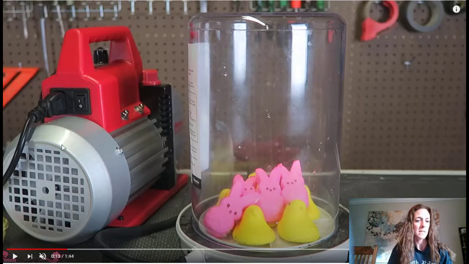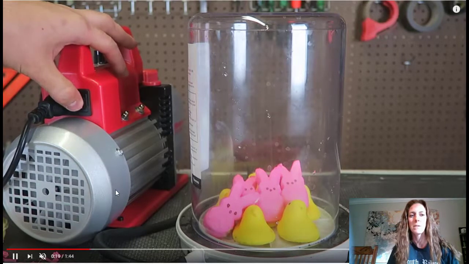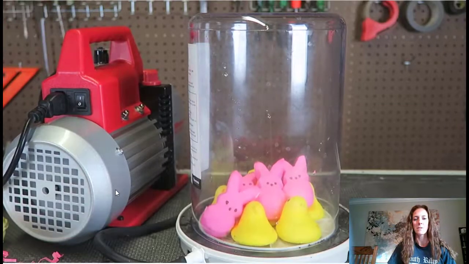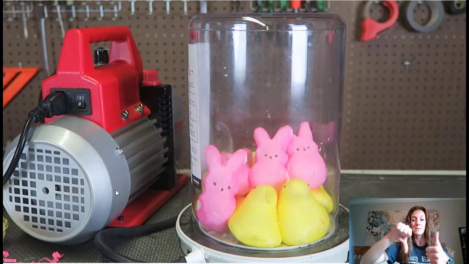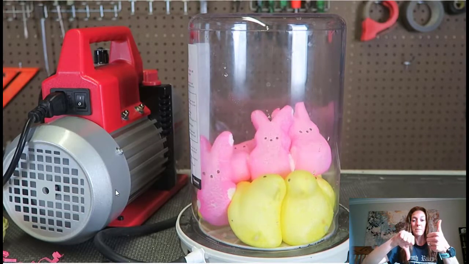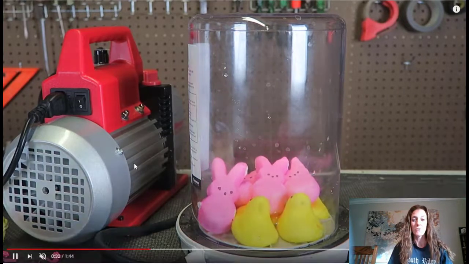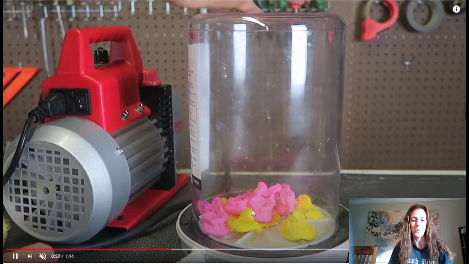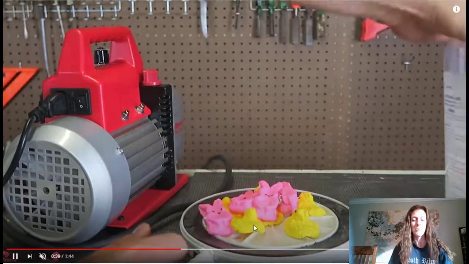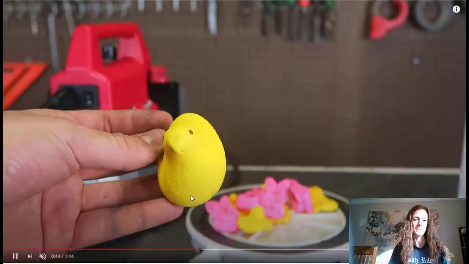So we're going to see what happens to these peeps. There we go. As the pressure goes down, we can see the volume of these peeps going up, up, up, up, up, up. And this is called an inverse relationship. And you can see how they very quickly deflate when pressure goes back up, then the volume goes down.